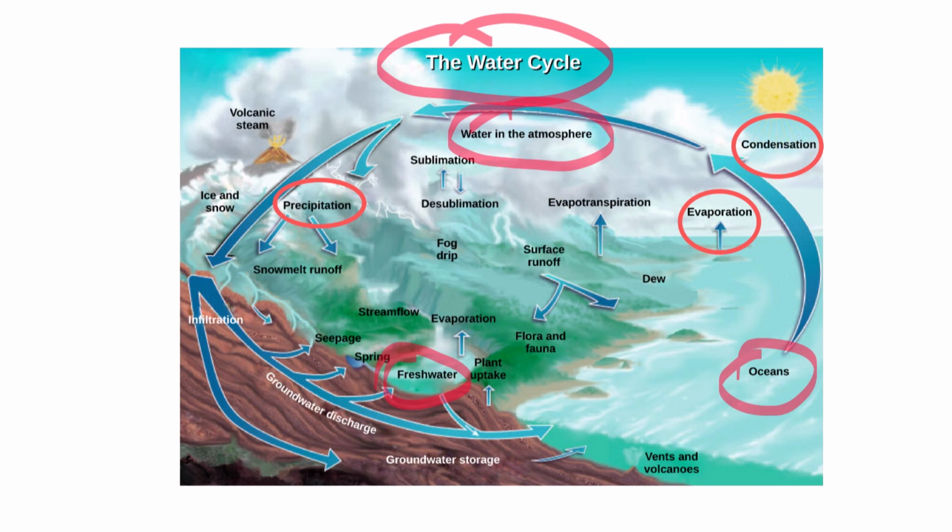And then the things that are circled in red here are processes that move water around in an ecosystem. So water falls to the surface of the earth through precipitation, and then it returns to the atmosphere through the process of evaporation, and then it condenses from a gas to a liquid form, and then falls again through precipitation.